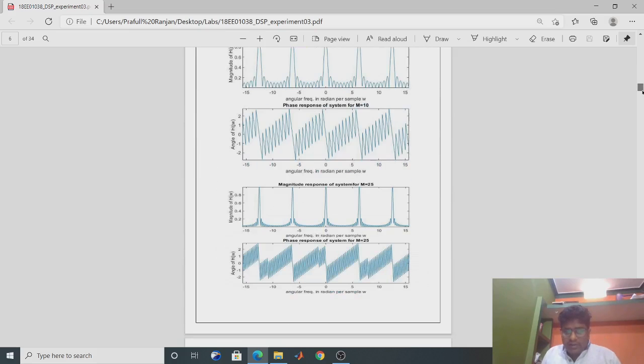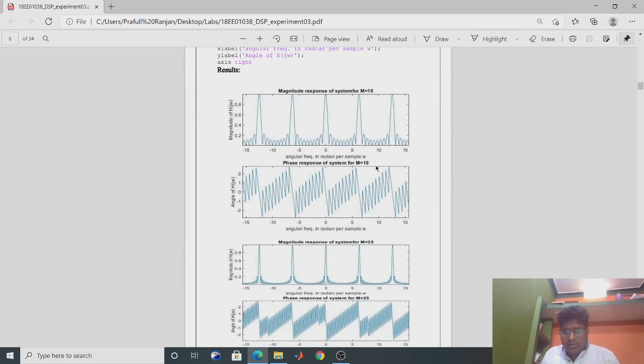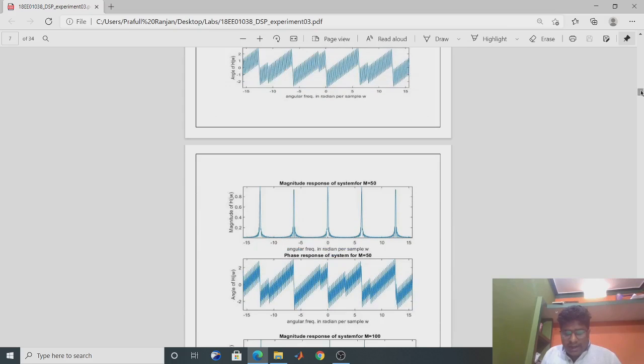I have plotted for m equal to 10, 25 and 100. With m equal to 10 it is also smoothing the noises, but whenever we increase m, it smooths the noises more, meaning it is reducing the noises, and the peaky data like this one becomes smoother.